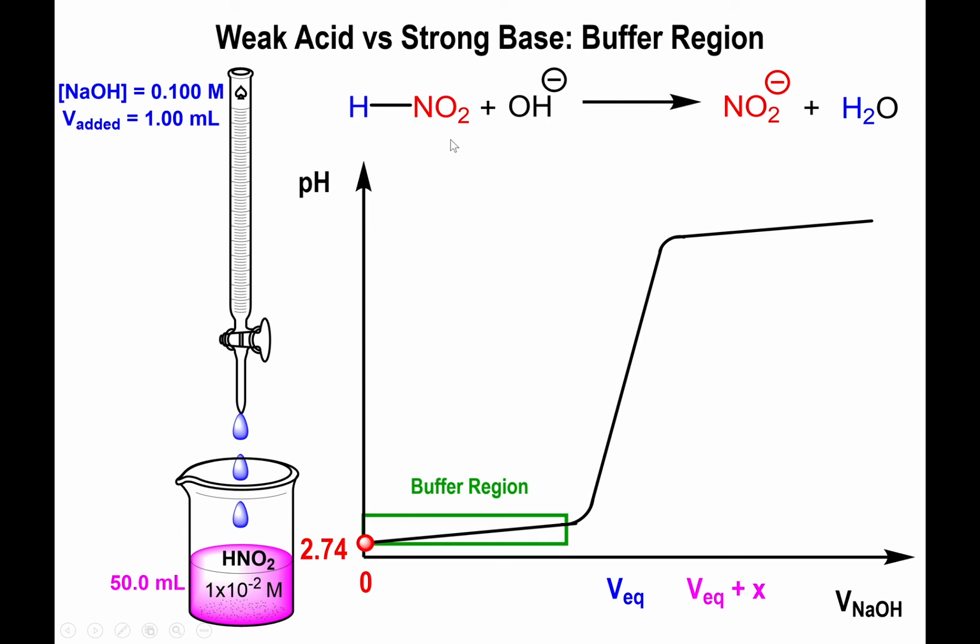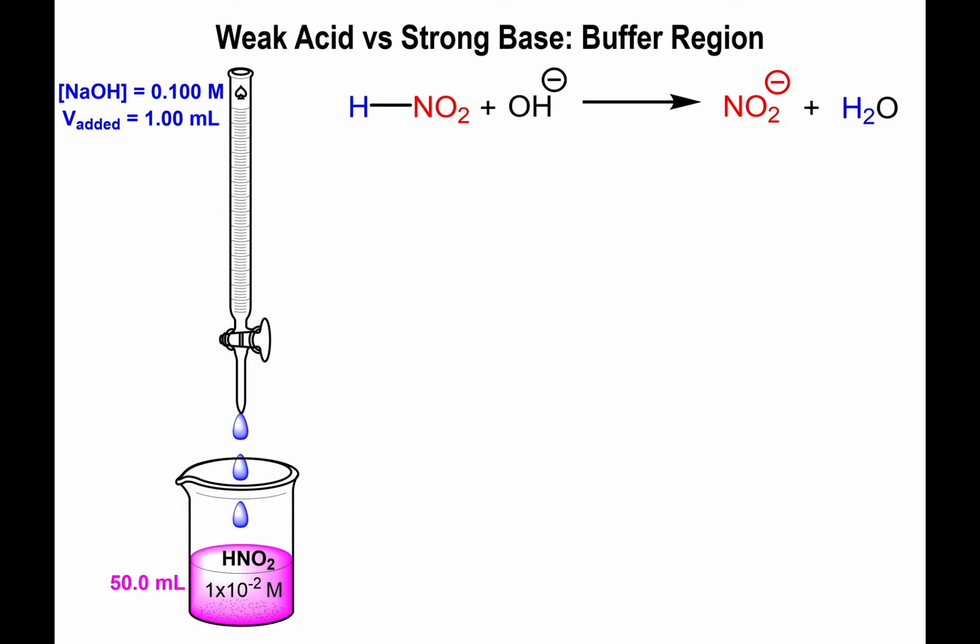And based on that, we need to determine how much of the acid is going to react away, how much of the conjugate base we're going to end up generating, and ultimately we're going to use that to determine the pH. So this is a process that involves knowing the initial concentration of the acid and its initial volume, along with the concentration of the base and the volume of base that's being added.